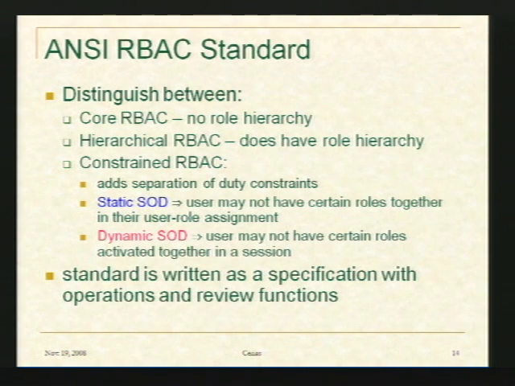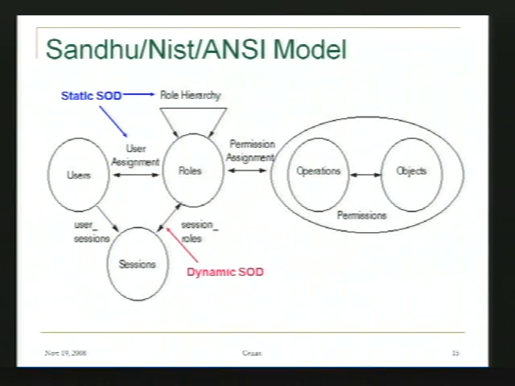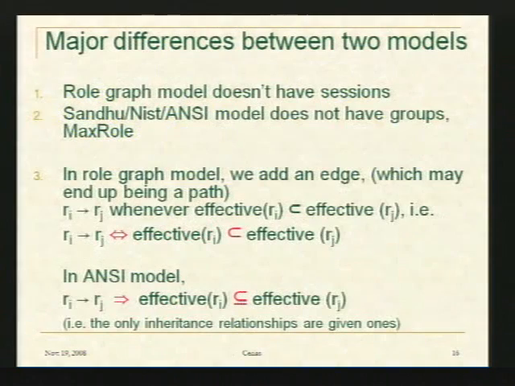So the same user should never be able to use those 2 roles. Dynamic separation of duty applies to role activation. So you can have both roles in your user role assignment, you're just not allowed to activate them both at the same time. They actually both talk about the role hierarchy because you're looking at the pairs of roles. So that's where those fit in.